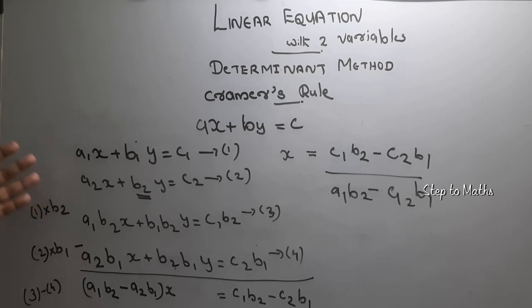Similarly, if we equate the coefficients of x in these two equations, we have to multiply equation 1 by a2 and equation 2 by a1. Then we get the value of variable y.